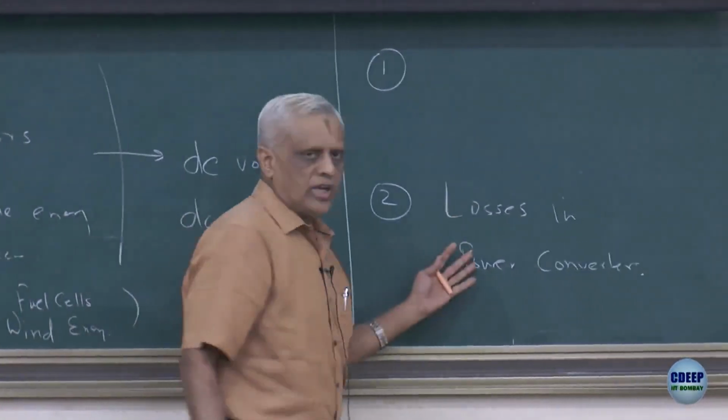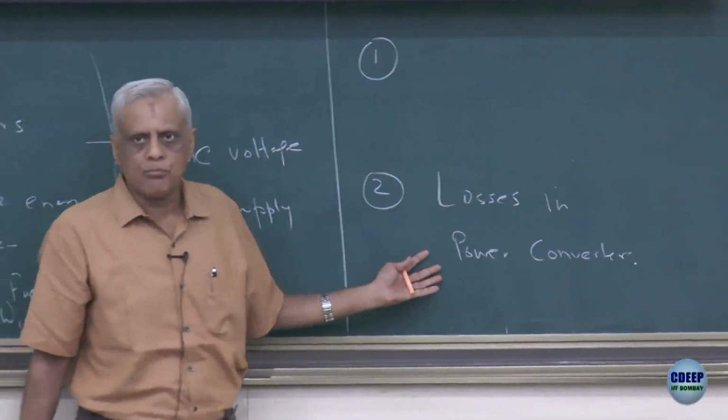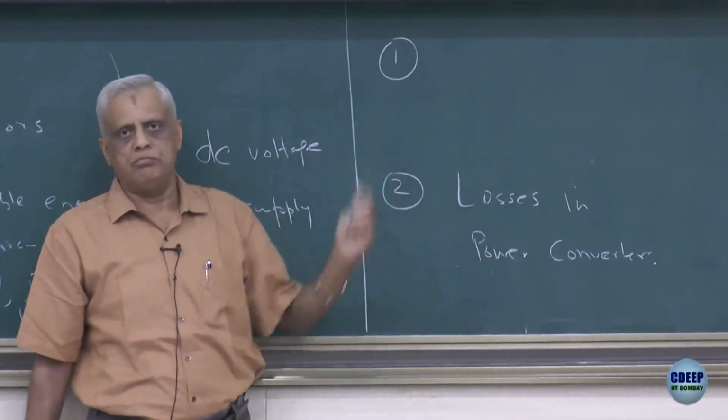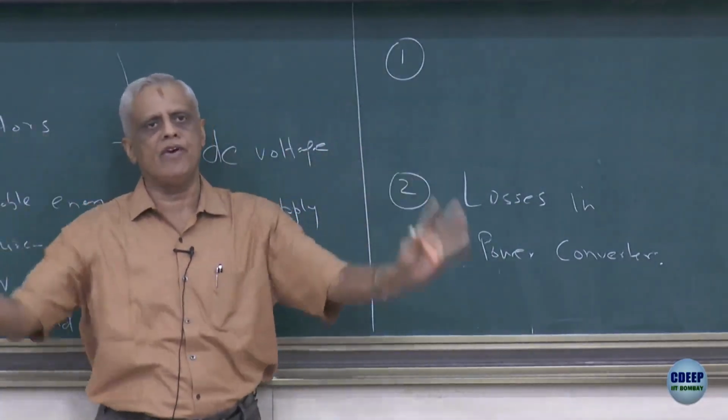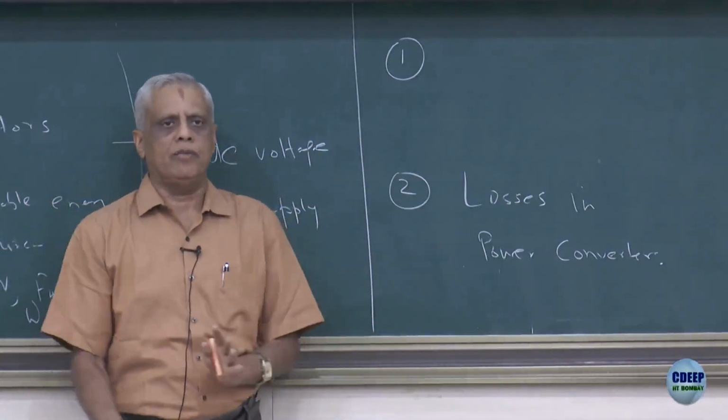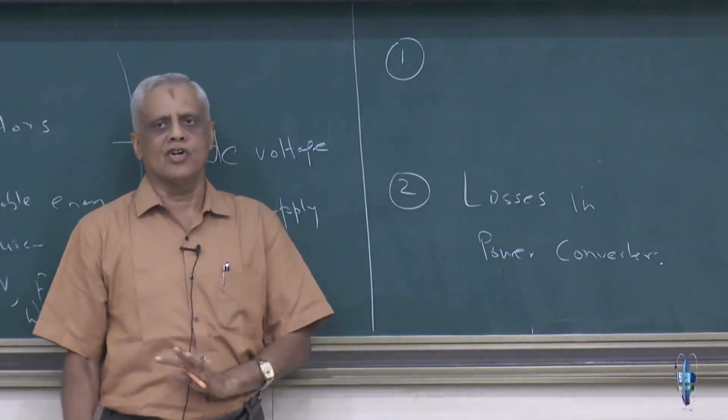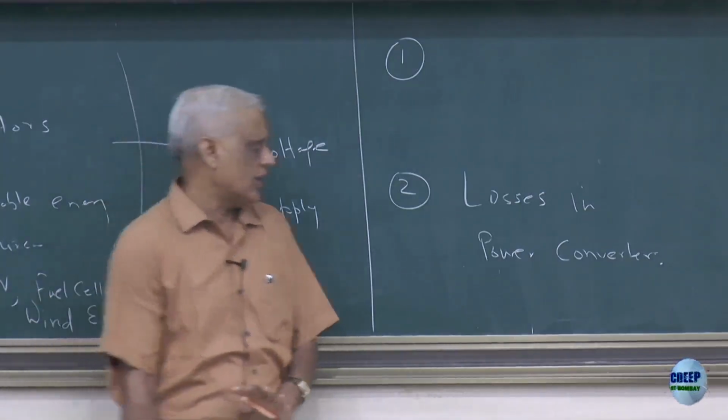Right now I want to tell you more as a layman, because I have not told you anything about the particular aspects of the power electronic system. We are just considering the very basic, bare power electronic converter, the very basic component right now.